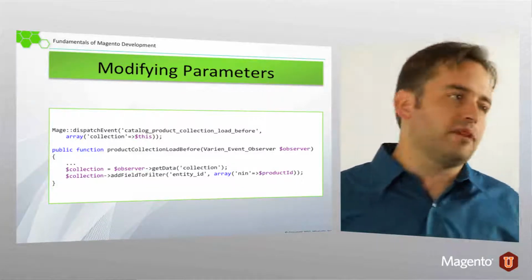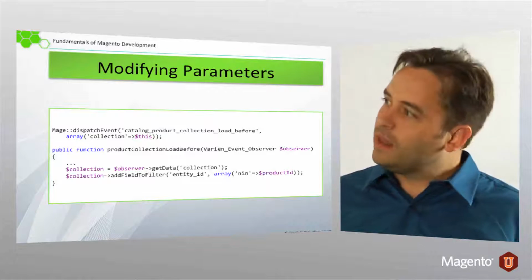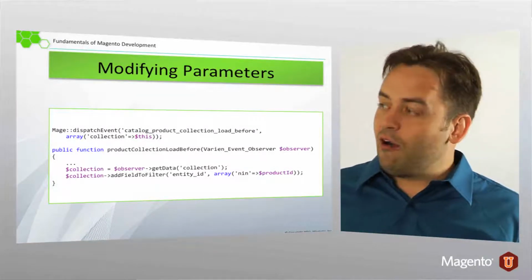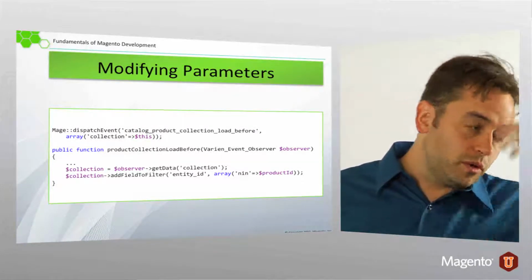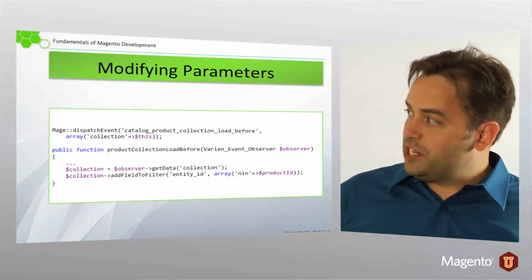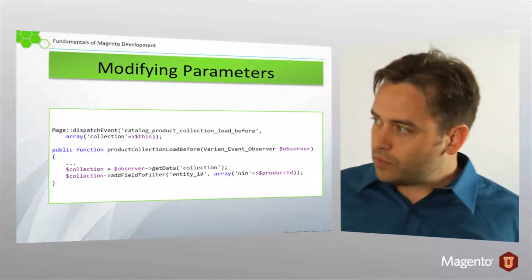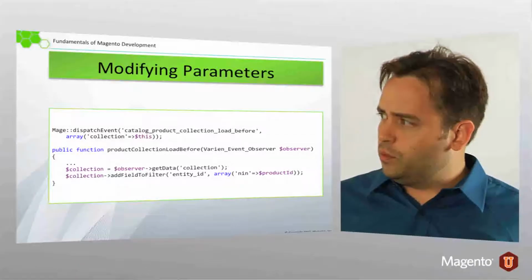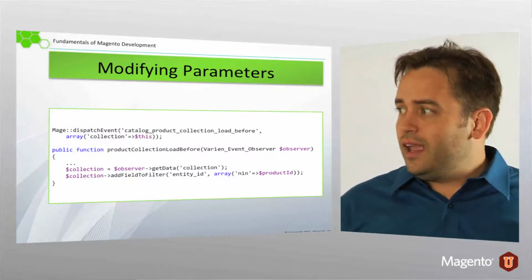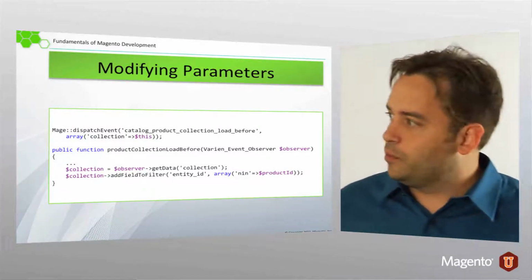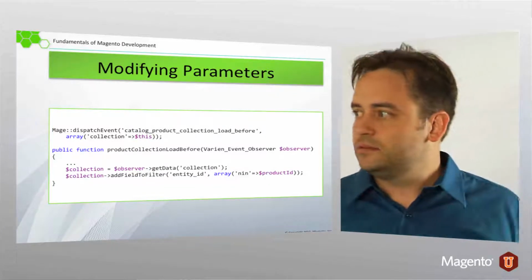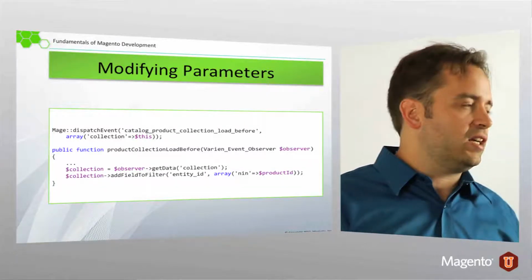This would probably be taking place in a collection object somewhere. Then inside our method, which is fired, we receive the observer object. We get the data from our collection, and here we're actually adding an entity ID. So we're altering that collection somehow.